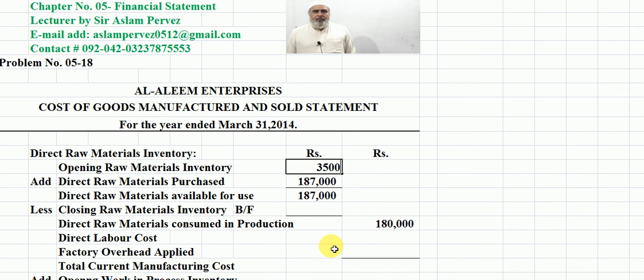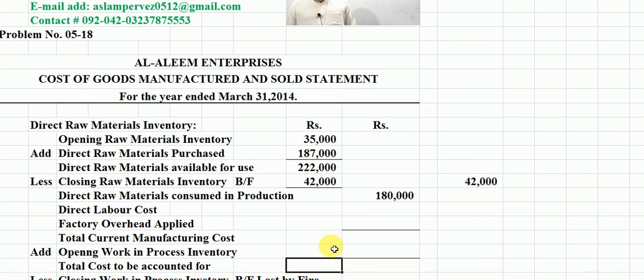Sorry. Now we take the difference between both values, 1,80,000 rupees and 2,20,000 here. Yes, students, this is the 42,000 rupees as closing raw material inventory which has been destroyed in fire.